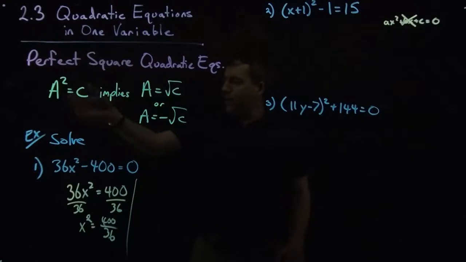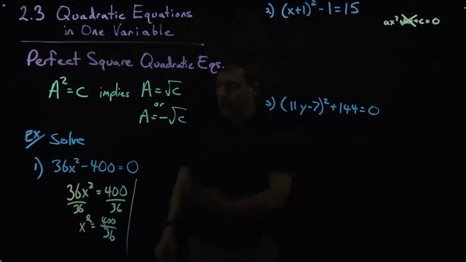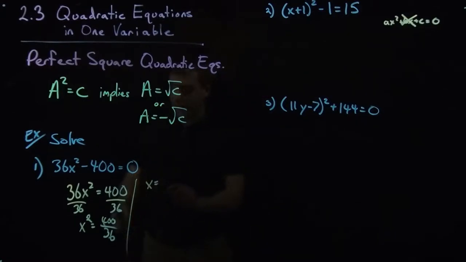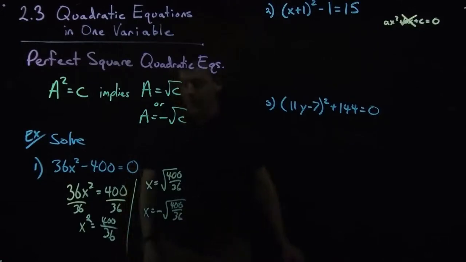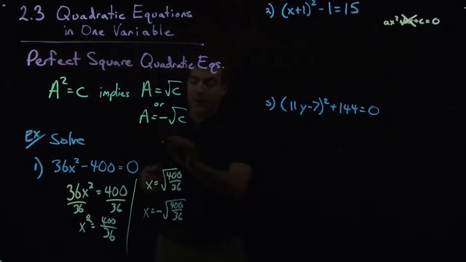So now we have something squared equals a constant, it's 400 over 36. We can now use this property. So we know that x is either the principal square root of 400 over 36, or x is going to equal the opposite square root of 400 over 36. And just as a note, this is sometimes written as x equals plus or minus the square root of 400 over 36.